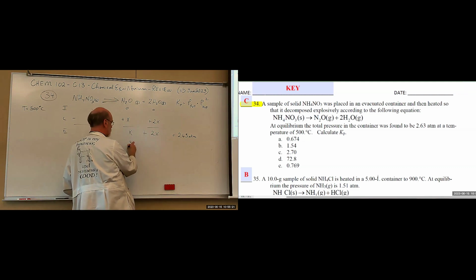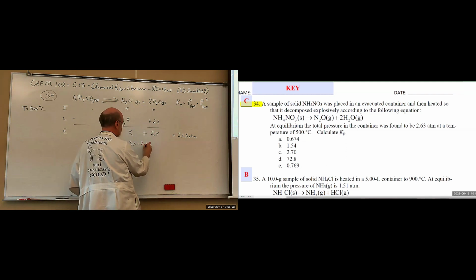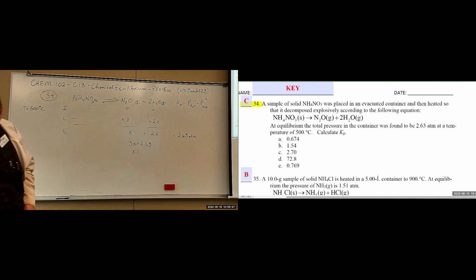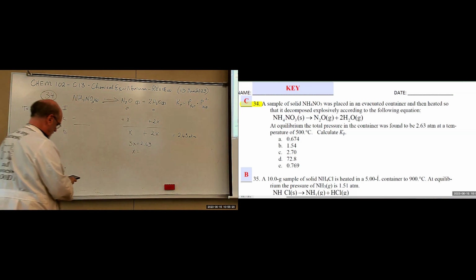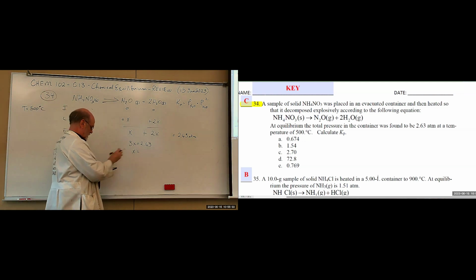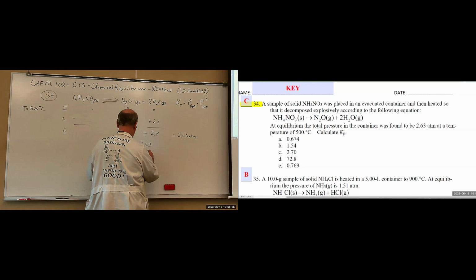3X equals 2.63. So X equals what? Divided by 3 equals 0.877.